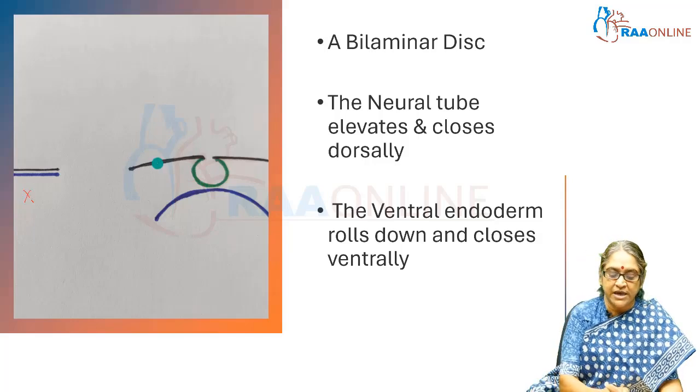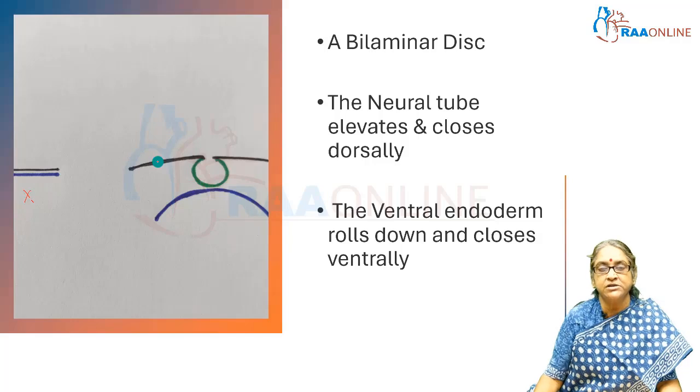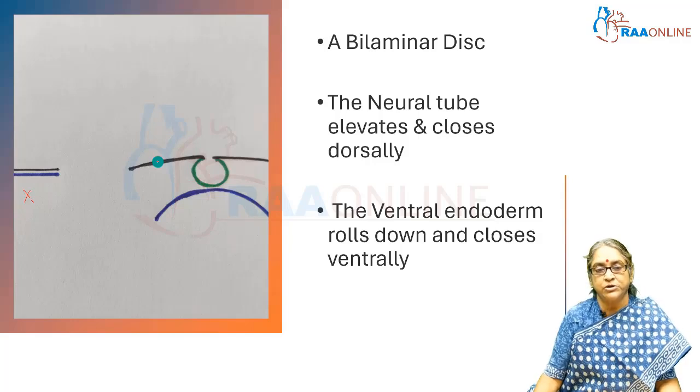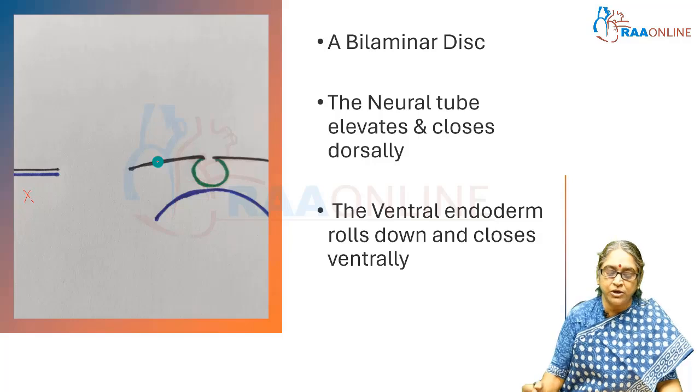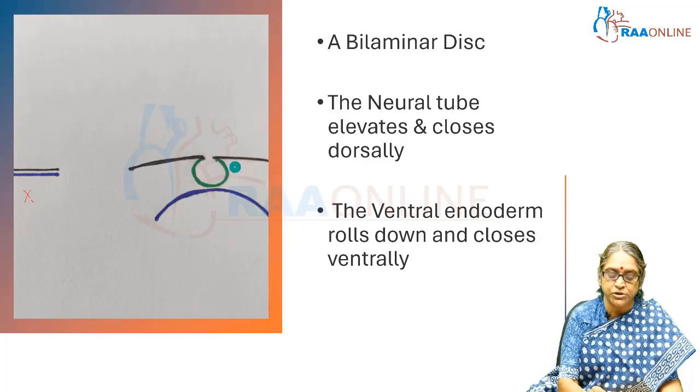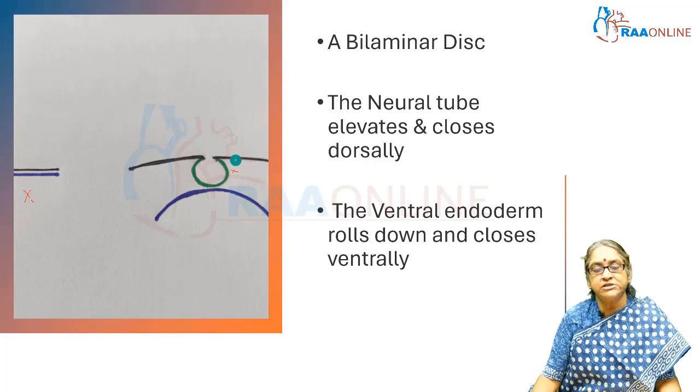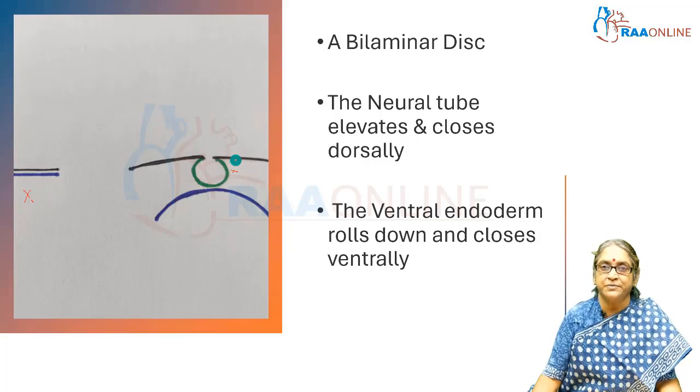Now, in this ectoderm, if you notice, something develops. What is it? Some part of the ectoderm develops into what is called the neural tube, and then the neural tube, here you would notice, folds dorsally and closes to proceed further.